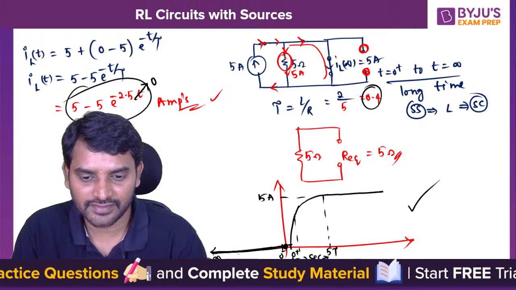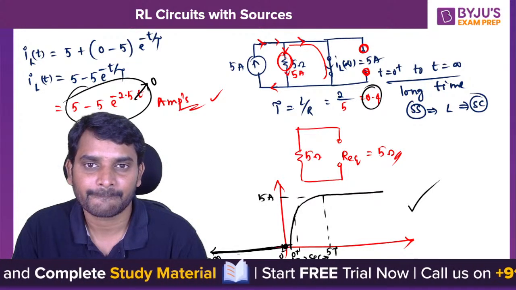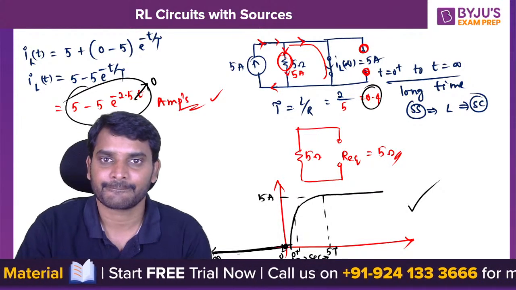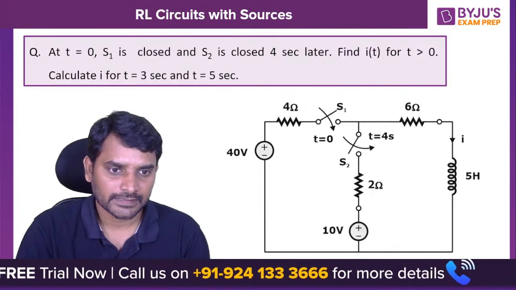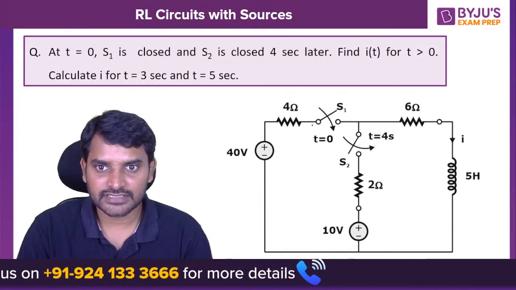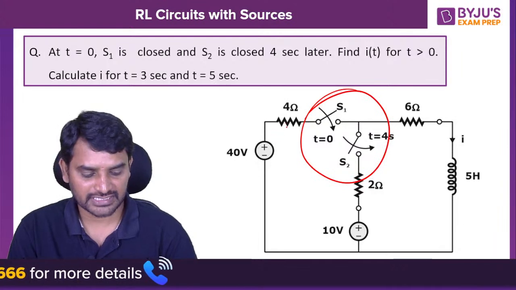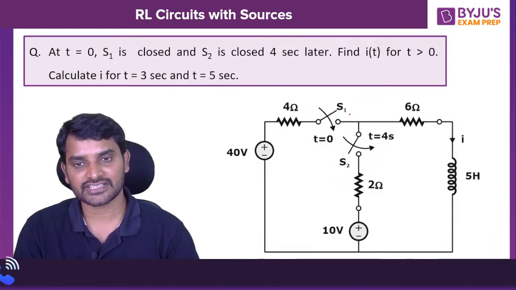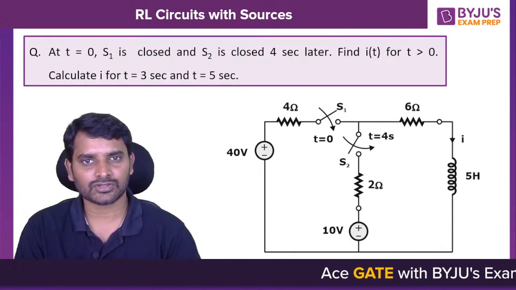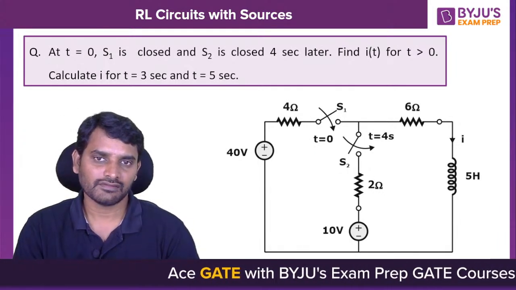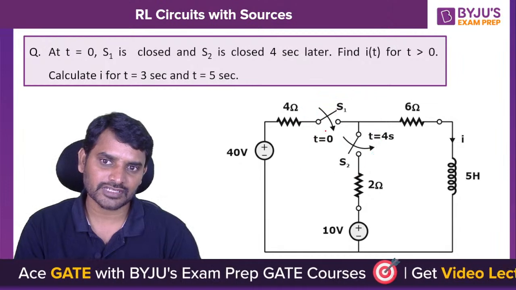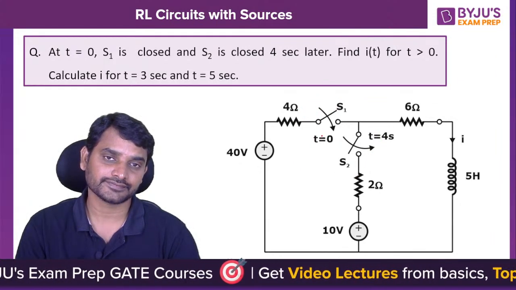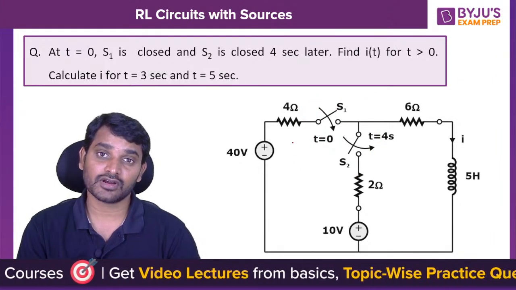So is it clear for everyone? This kind of question, with separate switching instances, is very rare, but I expect it for 2 marks. While solving these kinds of questions, you must be very careful. Please understand the data given.